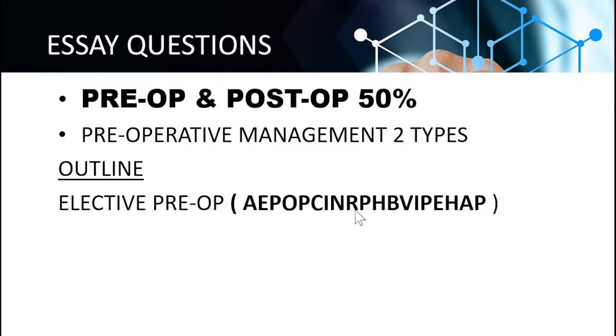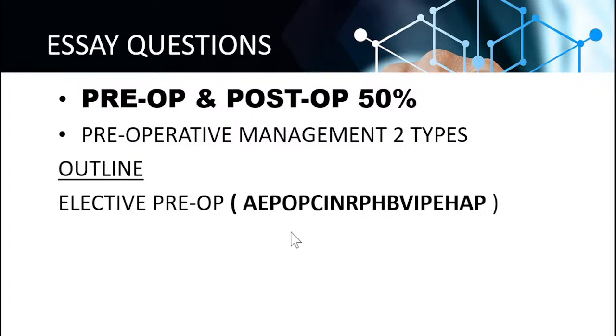So for elective surgery, this is the outline. A-E-P-O-P-C-I-N-R-P-H-B-V-I-P-E-H-A-P. You can read that in any way you'd like, but this is the arrangement of letters on how your headings should flow, okay? So now, what do they mean? A stands for aims, E is for environment, P is for positioning, O is for observations, P is for psychological care, okay?